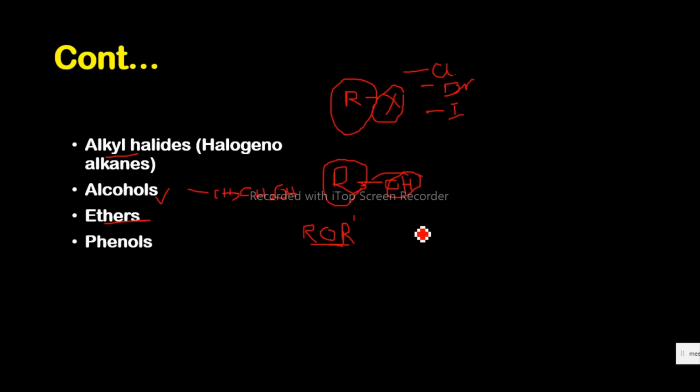And phenol is nothing but benzene. Sorry in case I draw something wrongly, I'm just using a laptop, so we shall bear. So it is benzene, but in organic chemistry you should write chemical symbols well.